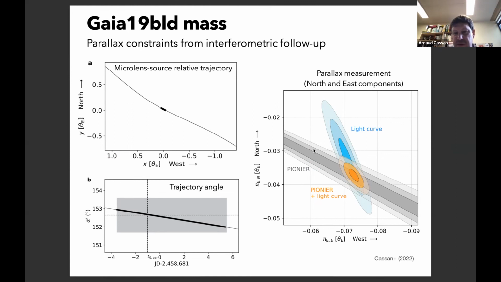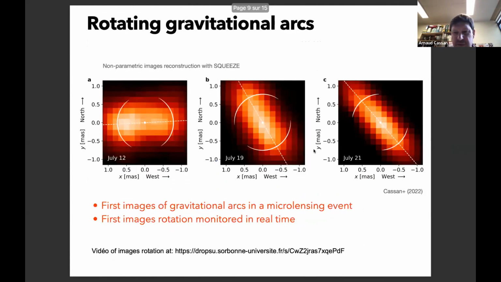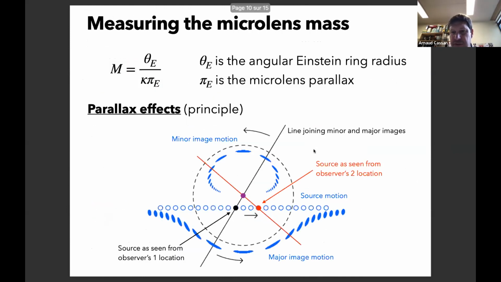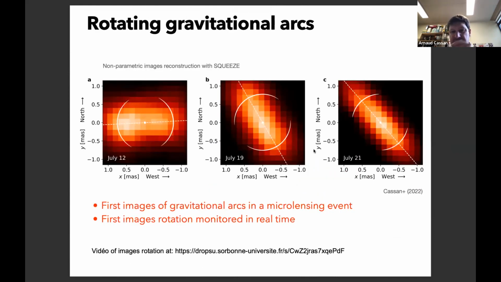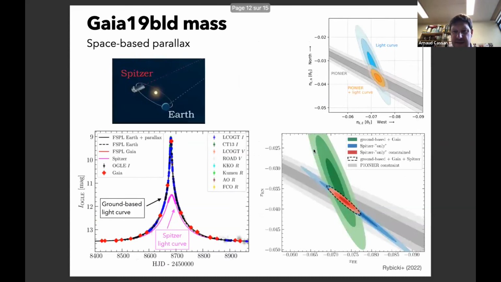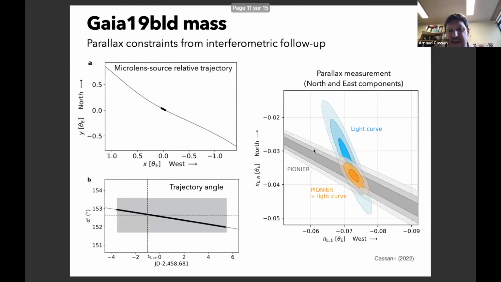So at the end, if you get three epochs, you don't need more, unless of course you want better data and you want to see if there are some systematics. But apart from this, theoretically, with three epochs, completely independently from the light curve, you measure exactly all that you need, the Einstein radius and the direction.